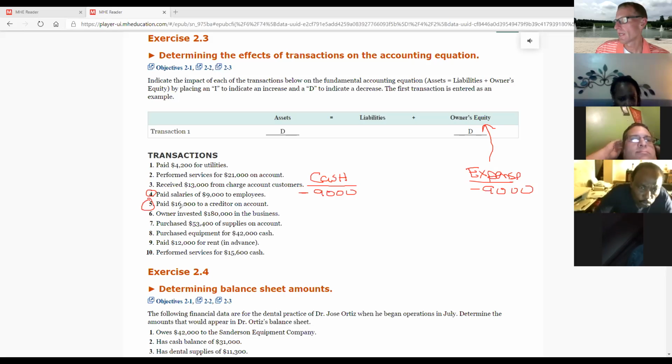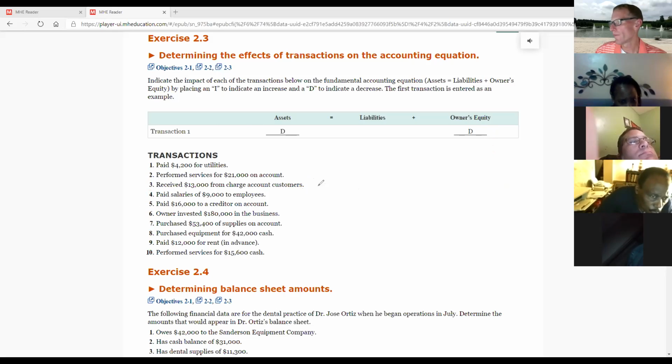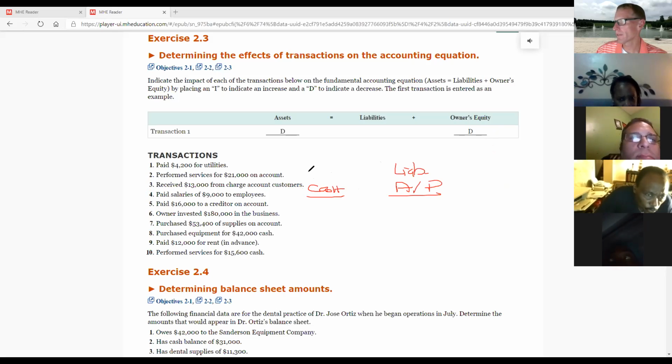Number 5, paid 16,000 to a creditor on account. So we've got cash, and then now we're going to have accounts payable. So remember, accounts payable is a liability, cash is an asset. To pay something means you're reducing cash by 16. And then what do you guys think is going to happen to your accounts payable?